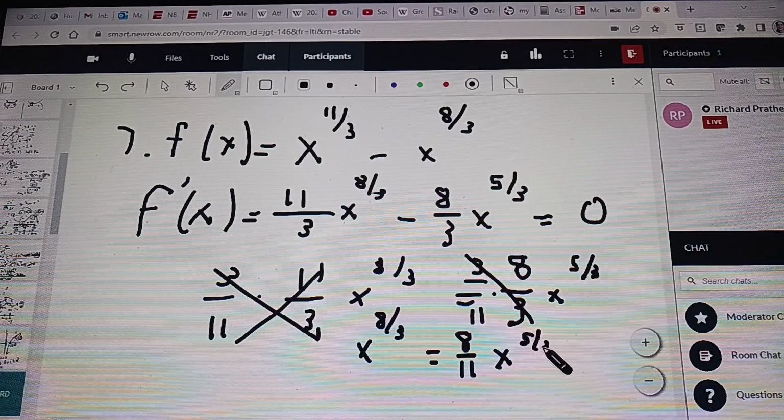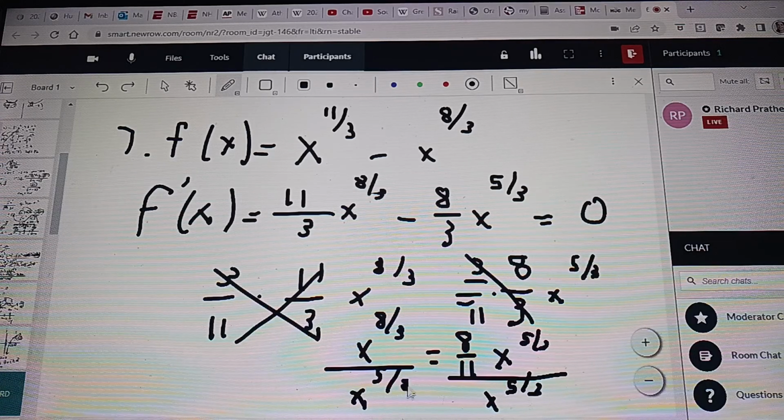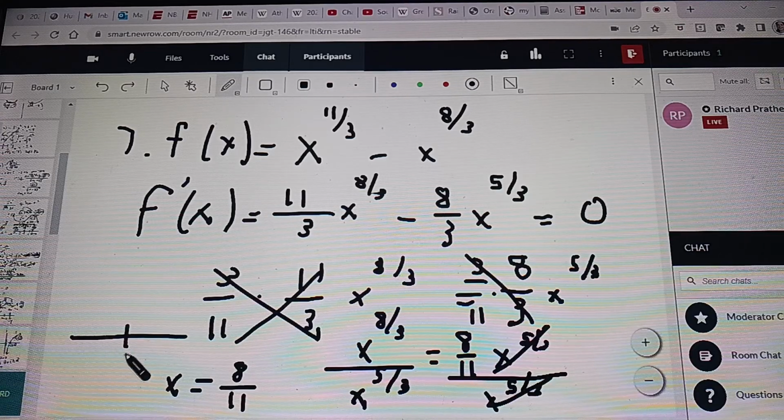And then if I divide by x to the 5/3, this is a rule of exponents in algebra: when you divide powers, you subtract their exponents. 8/3 minus 5/3 is 3/3, or just 1. So literally x equals 8/11 is the only time the derivative is 0. That's my one and only critical number.